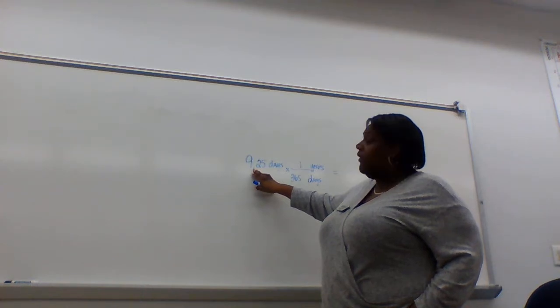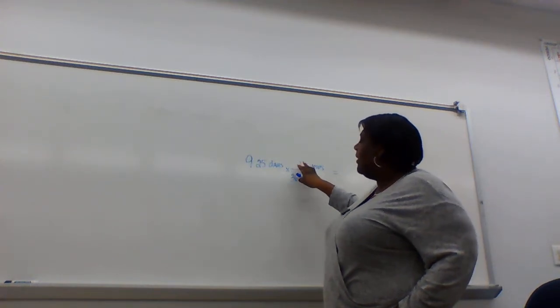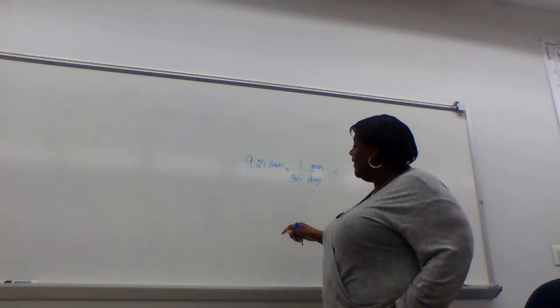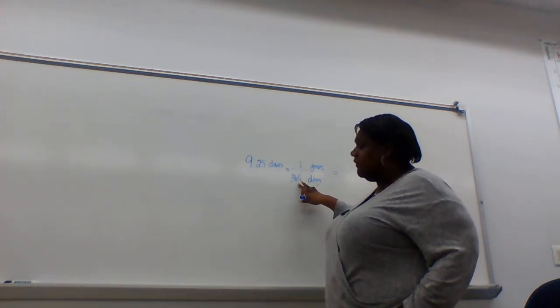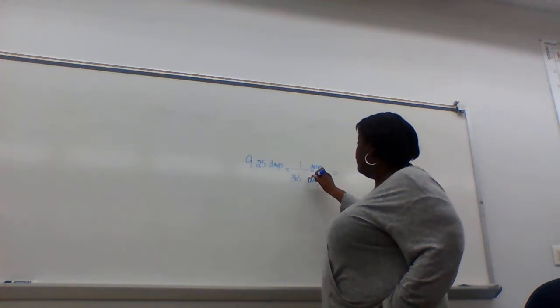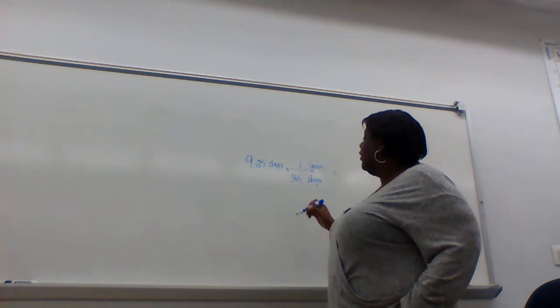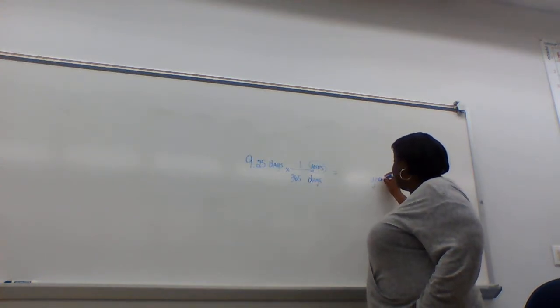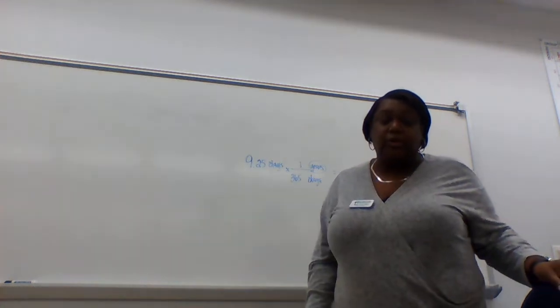Just like I'm multiplying fractions, I do top times top. Well, 9.25 times 1 gives me 9.25, and then I'm going to divide that answer by the 365. And again, you notice the units cancel out. The only unit I'm left with is the years, and so my answer must have the unit years.